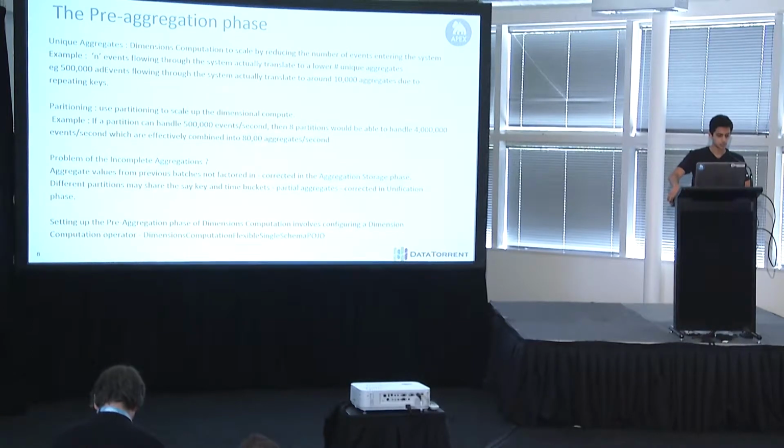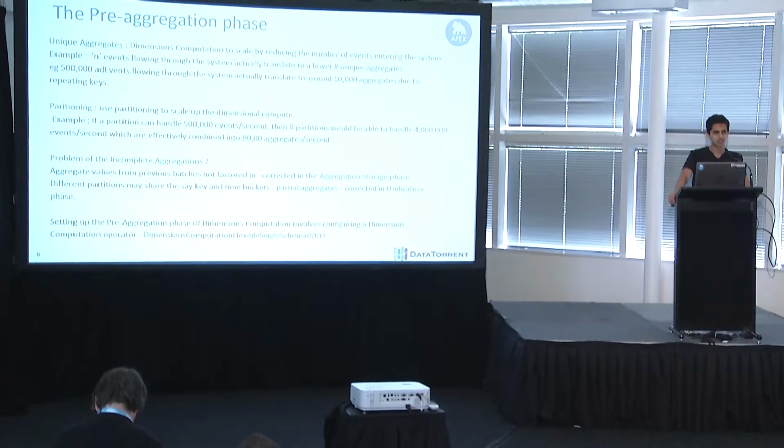The other way is to use partitioning to scale up the dimensional compute. Theoretically, if one partition can handle 500,000 events, then 8 should be able to handle 4 million events. And when you collapse them by the uniqueness of their cardinalities, then it could be a significantly lower number. I've just assumed 80,000 here, but that's essentially a factor of the collapsing cardinalities that you have in your application.